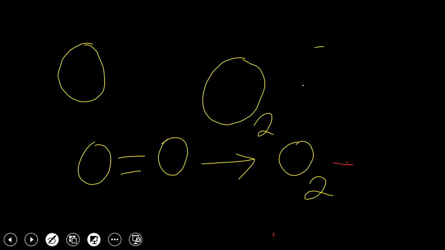Even chlorine, you write a 2 here, to form chlorine, Cl2. Then nitrogen is the same case. There are 2 atoms of nitrogen combining covalently to form the nitrogen molecule, nitrogen gas. I hope that's clear.